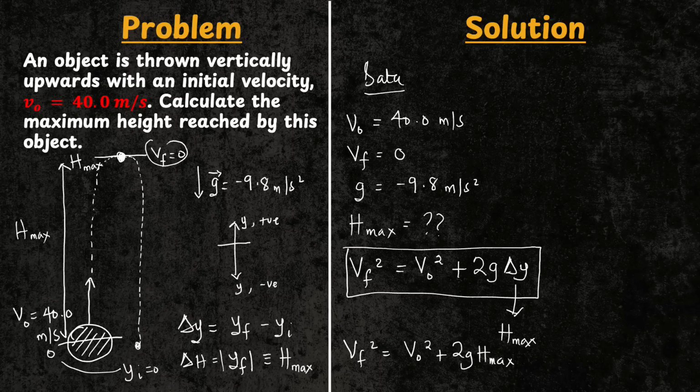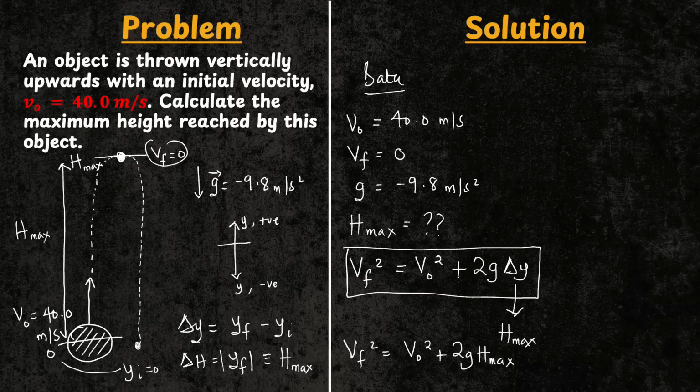Right? So we have to do some algebra by trying to isolate H max. We want H max to stand alone because we are trying to find the maximum height. So to do this, we can group the terms such that H max is either alone on the left-hand side or alone on the right-hand side.